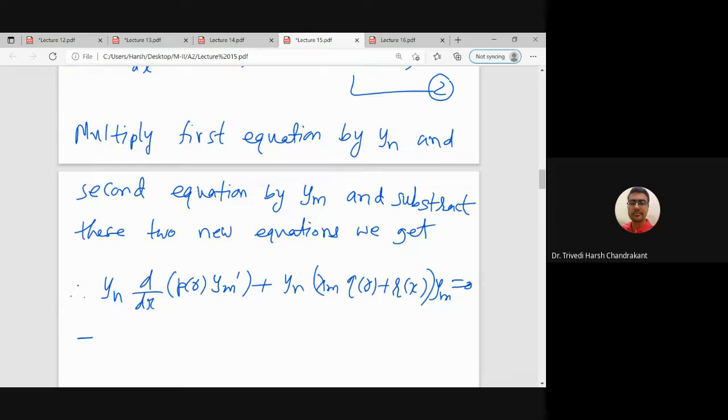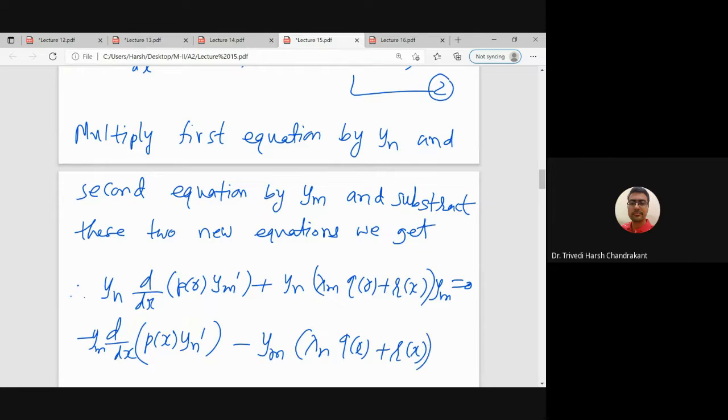From this first equation, we are subtracting the second equation, that is ym times d by dx of (px yn dash), right, and here also this sign will be negative, minus ym times lambda n (qx plus rx) times yn is equal to 0.